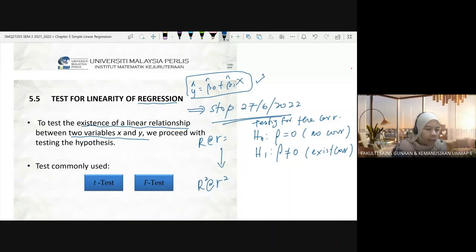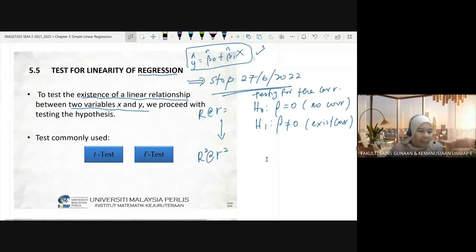We can further test for the linearity of the regression, where we would like to know at the end of the process whether our x has something to do with our y, or whether there is any relationship between y and x that we have chosen for our modeling using the regression.